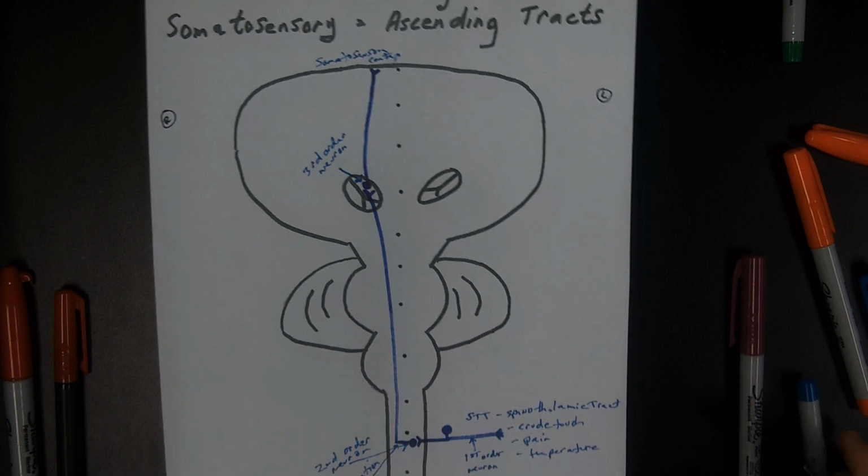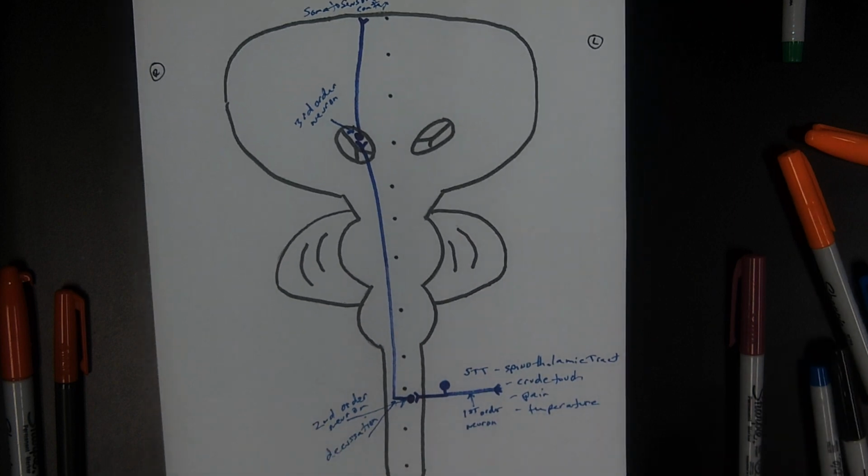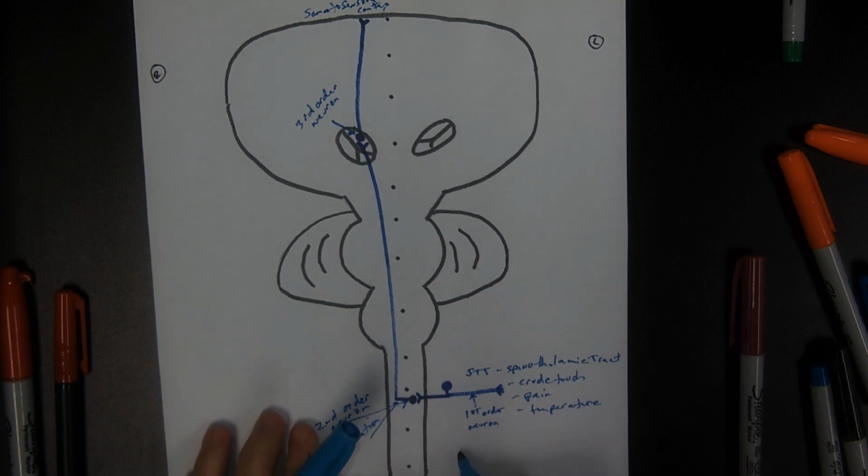Okay, so sticking with my color system, if I can use this one. Now let's talk about the dorsal column medial lemniscus. Same situation here for the dorsal column medial lemniscus. I have my neuronal cell body that's sitting in the dorsal root ganglia, and I have my little stalk, and then I have my dendrites sticking out here.